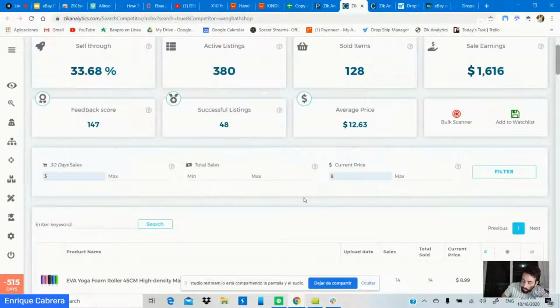But strictly talking about product wise, you want to be cheaper, right? So if you see that the person is making a sale for $8, the idea is that if you want to source that specific product, you want to source it and set a price for less than $8, right?